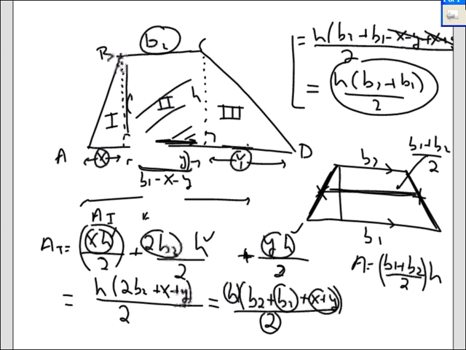We're going to use that fact in some of the problems. So that's the theorem or formula to find the area of a trapezoid. The two parallel sides, you take the average of them, that is, you add them up, divide by 2, and you multiply by the altitude, the length between those two parallel sides.